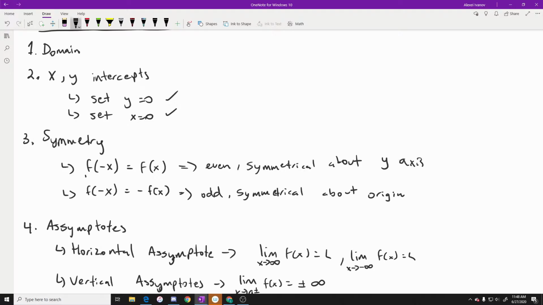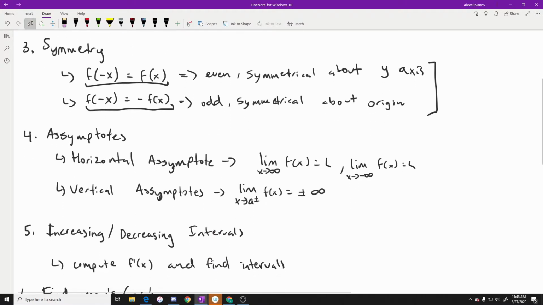If it satisfies this condition or this condition, then we have a symmetrical function. I'm going to link a video I made about symmetry that goes a little more in depth as to how we can find if a function is symmetrical. But for this video, we're going to check if the functions are symmetrical or not, and that will tell us a little more about them.